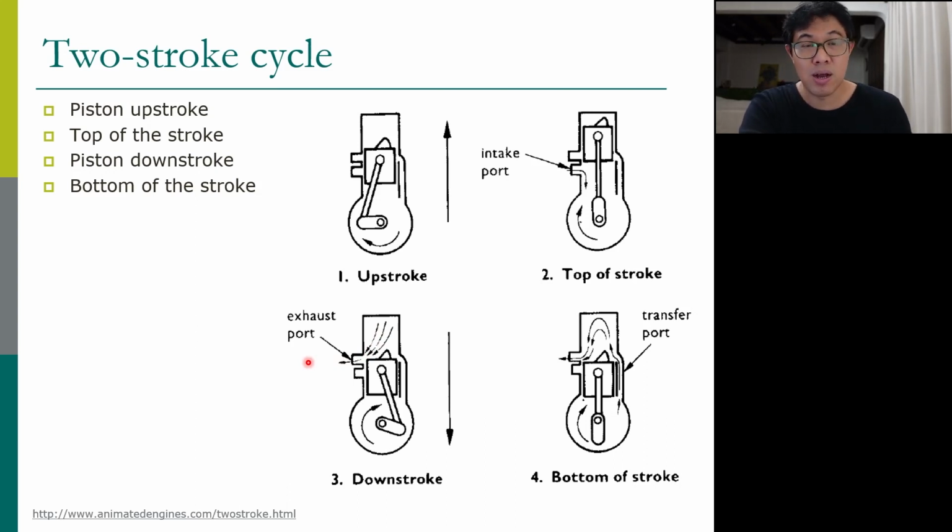At the same time, when the piston moves down, it compresses the air and fuel mixture in the crankcase. So it pushes the air-fuel mixture, and the mixture flows through the transfer port to the combustion chamber, to the cylinder.